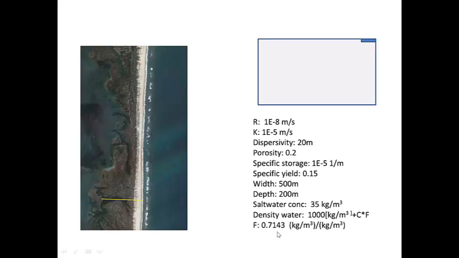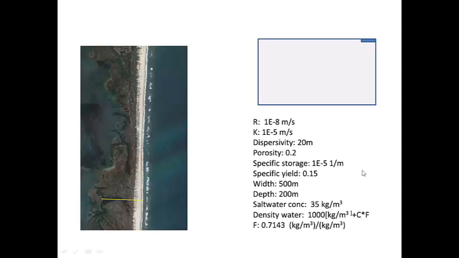Now, when we do this simulation and include the effect of the density being affected by the concentration of salt in the water, then we really need to do 2 things. We have to have a simulation of the flow of the water and a simulation of the transport of the salt. And those 2 will be coupled together because as the concentration varies, the density of the water will vary, and that will affect the flow.